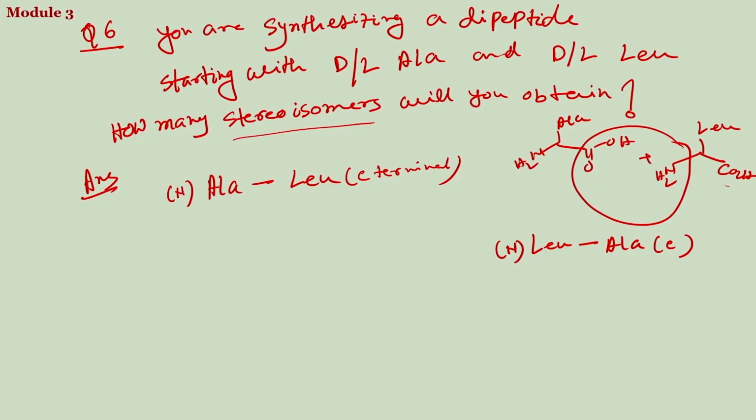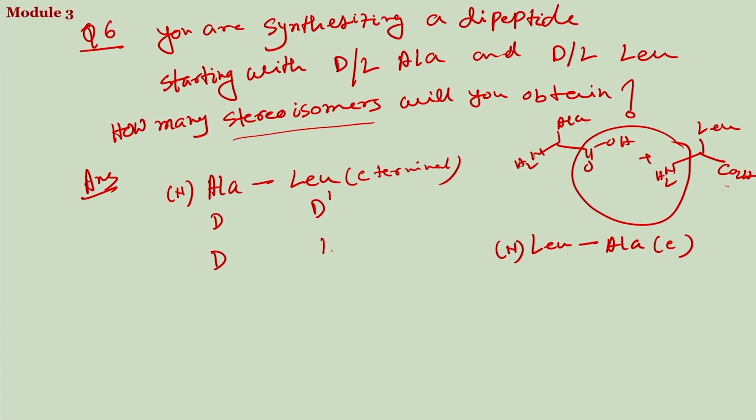Now, you have to look at the stereochemistry. You have started with D and L both, also for leucine you have started with D and L both. So, if this is D, this can also be D, I am writing D prime.